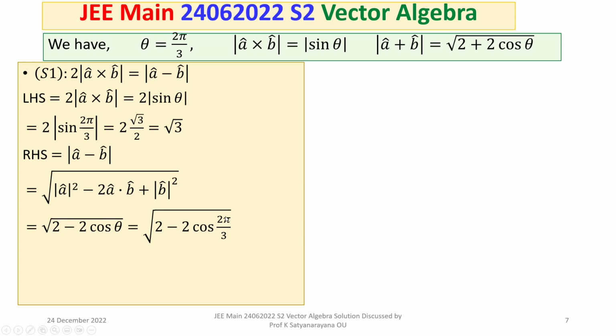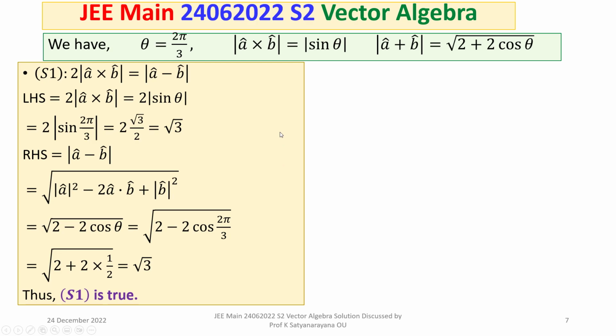For theta equal to 2 pi by 3, it is under the square root of 2 minus 2 cos 2 pi by 3, and cos 2 pi by 3 is negative 1 by 2. So this is 2 plus 2 into 1 by 2 under the square root, which is 2 plus 1, that is root 3. So the left hand side is root 3, the right hand side is root 3. Therefore, our statement S1 is true.